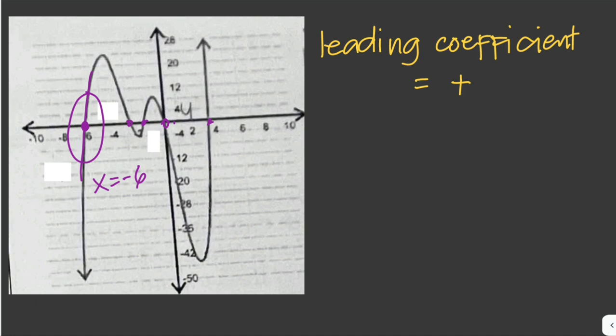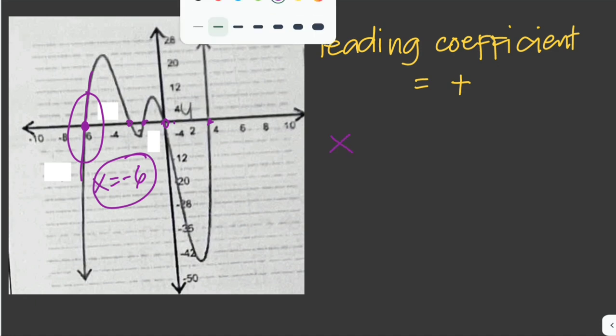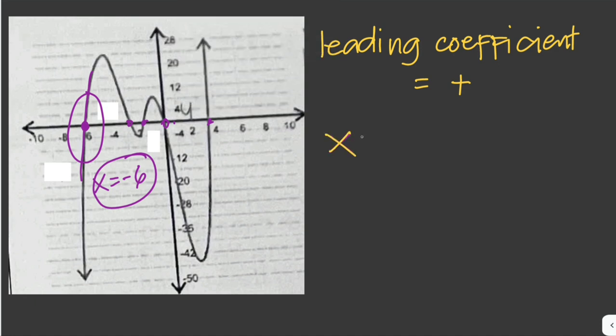So that means this is a single zero. Since this is x equals -6, we can write that as x plus 6. And then the next one, this one is -3.